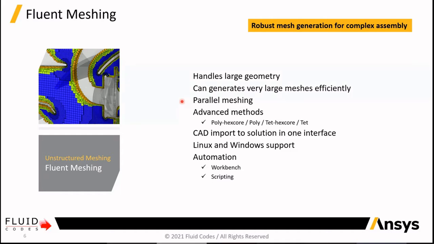When we are pushing on performance to get bigger meshes, bigger models, high fidelity meshes, we need to speed up the process. And we want to speed up the process, as you are already familiar, using Shaheen. So we have all this hardware available, but the software was not able to keep up with the hardware. Fluent Meshing is going in that direction.